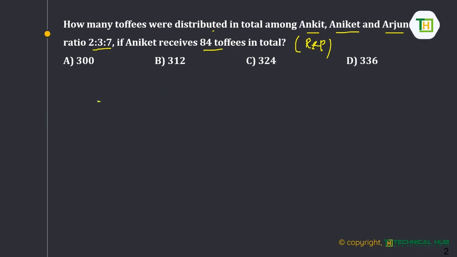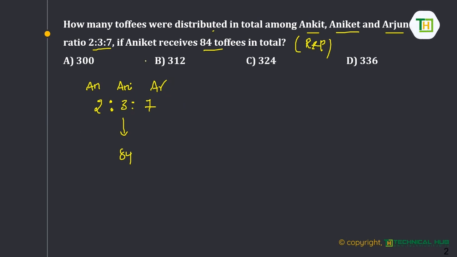So what is the ratio given here? 2:3:7. So if Anikit receives 84 trophies, then what is the total number of trophies received by all the three persons?